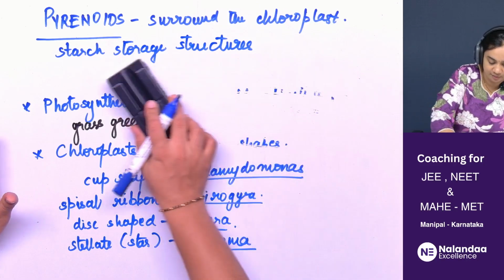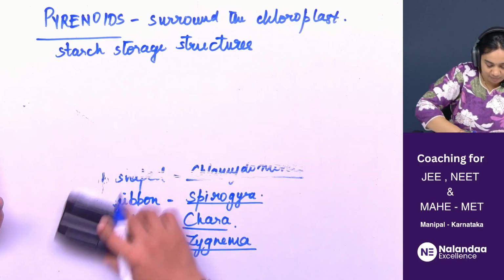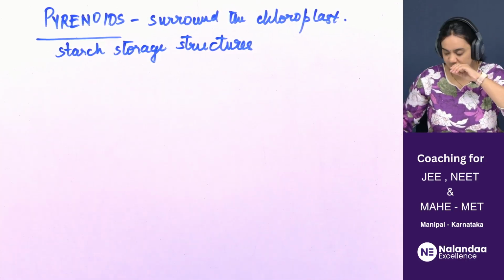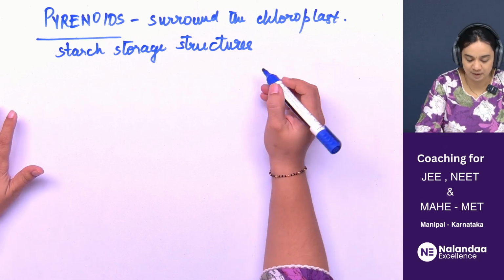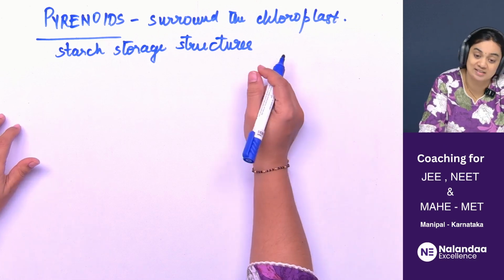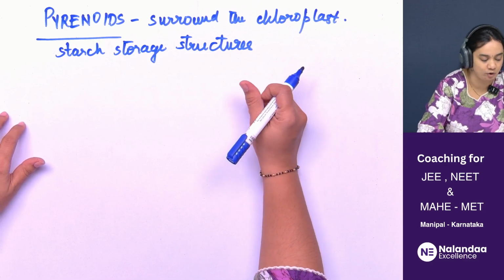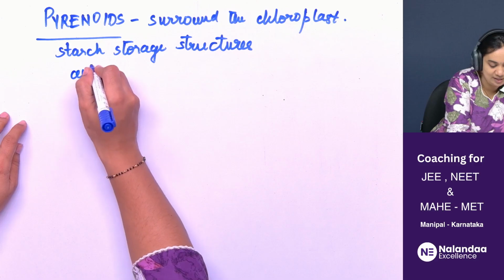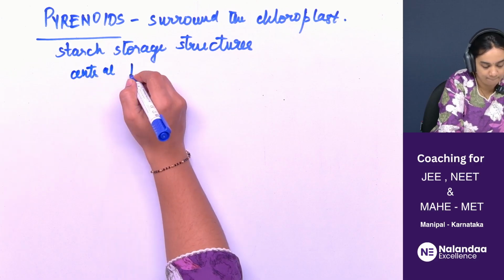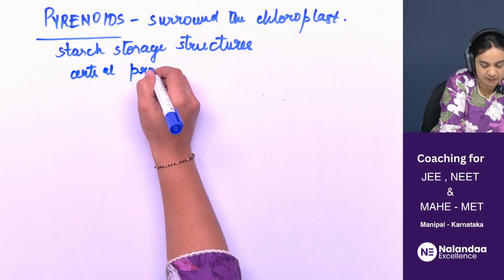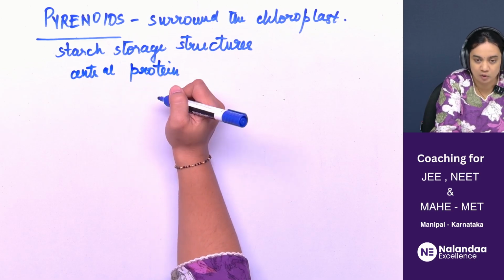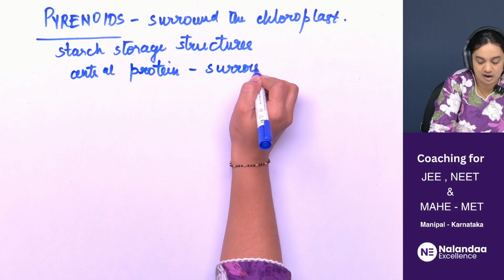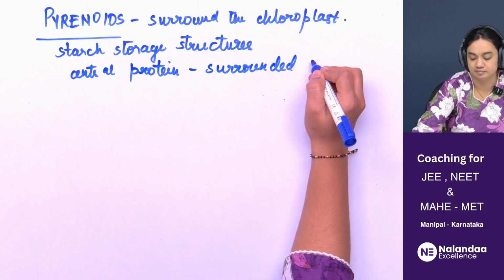Over here, this is a plant cell where starch is the reserve food material, correct? But for storage of starch, it has a specialized organ which is called the pyrenoid. It is a starch storage structure where there is a central proteinaceous center surrounded by starch sheets.